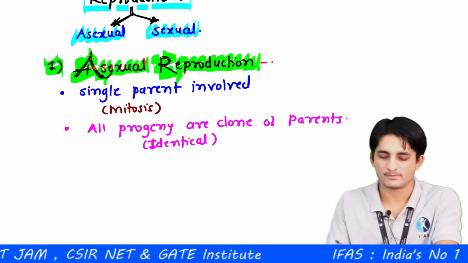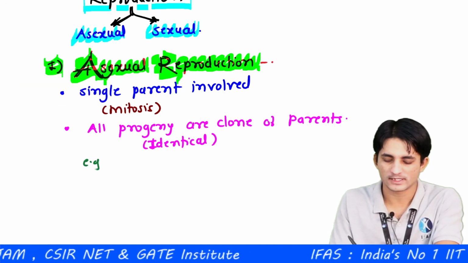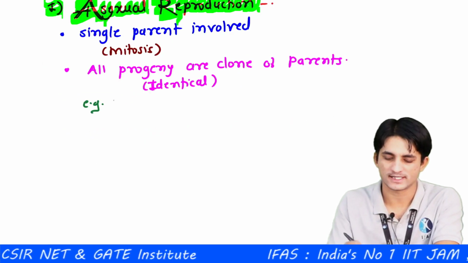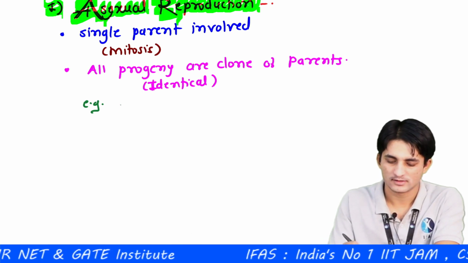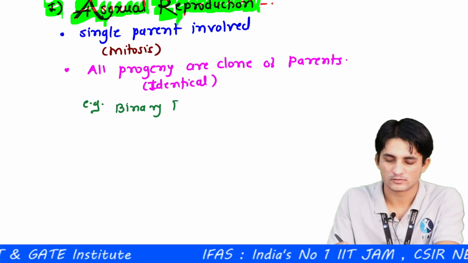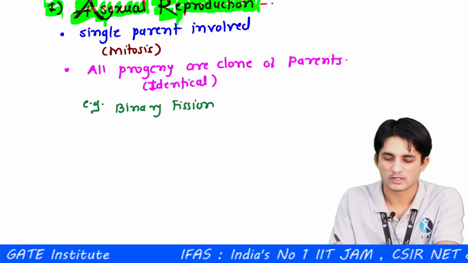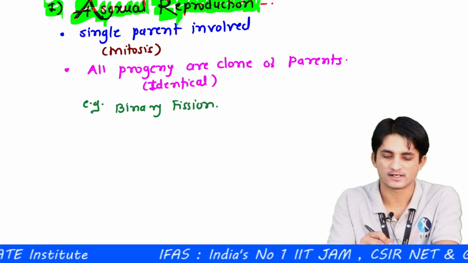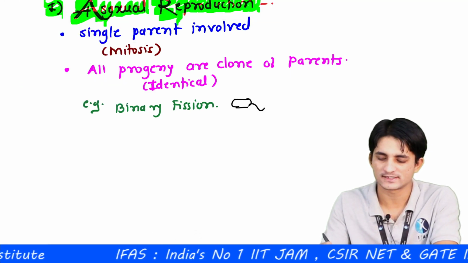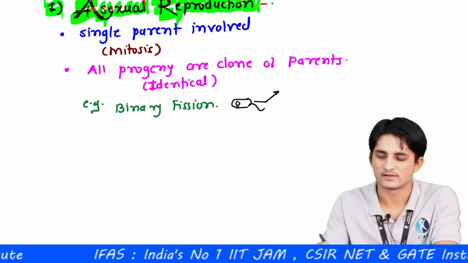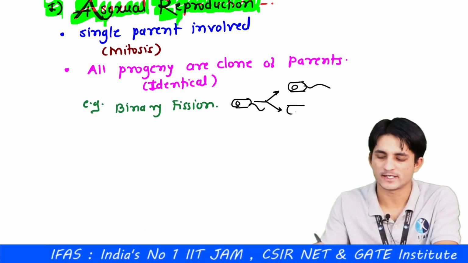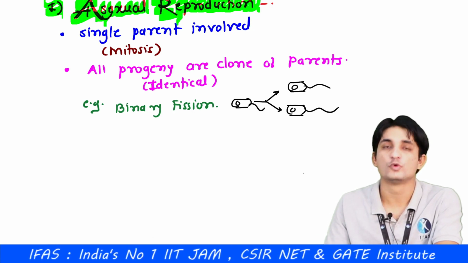The examples of asexual reproduction include binary fission. In binary fission, one bacterium divides. We discussed this in bacteria. One bacterium divides into two progeny.